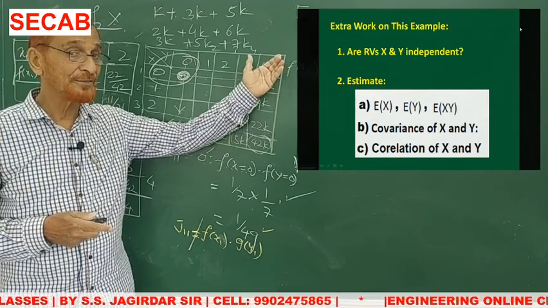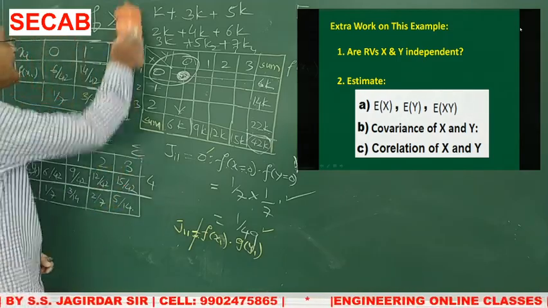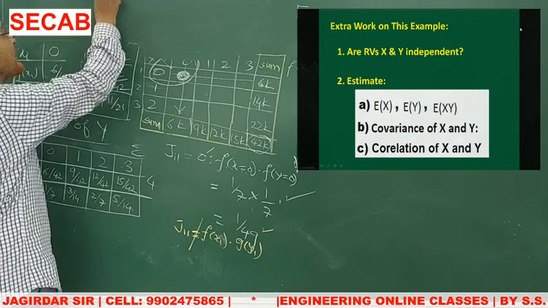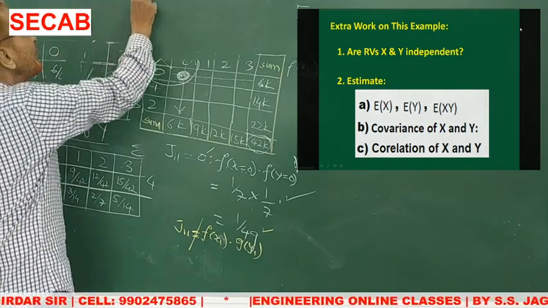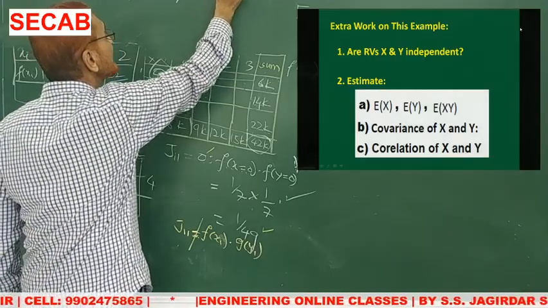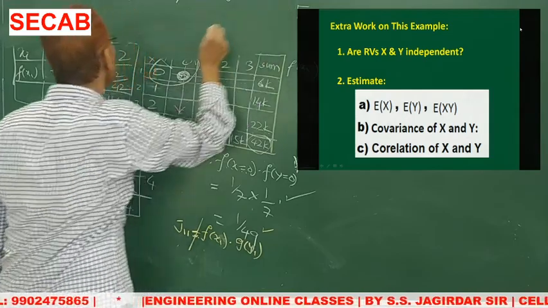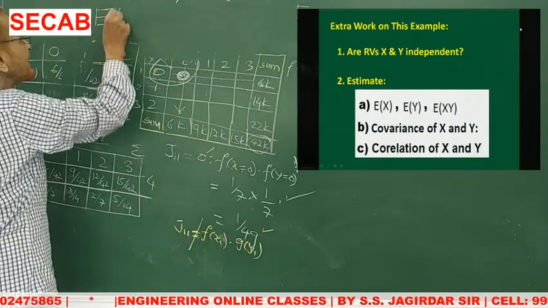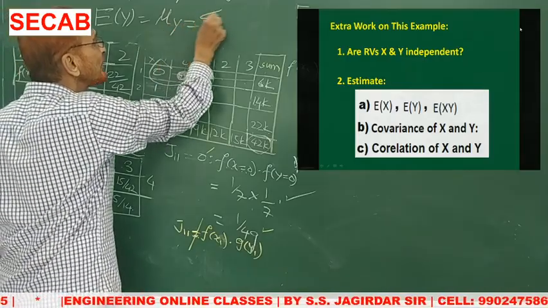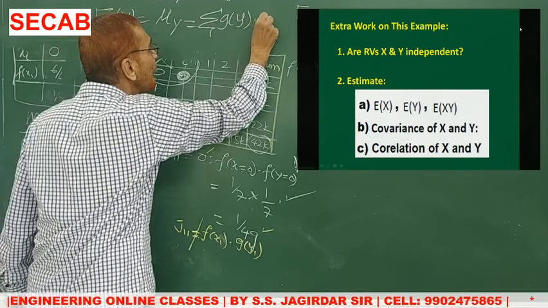Expectation of x is equal to mu of x is equal to sigma f of x into x values. Expectation of y is equal to mu of y is equal to sigma g of y into y values.